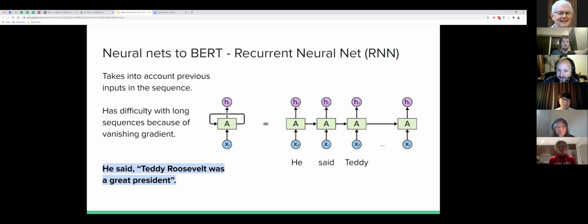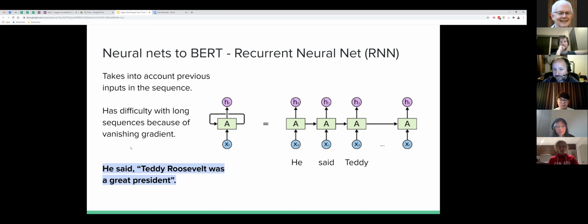You would get a hidden state, which would then be fed into the next input along with the next token. And you would do this through the network with each of the words being fed in. They are able to take into account words that have previously been seen in the sequence. And then finally, you would get some sort of output which would be able to do something like classify or translate or whatever like that.